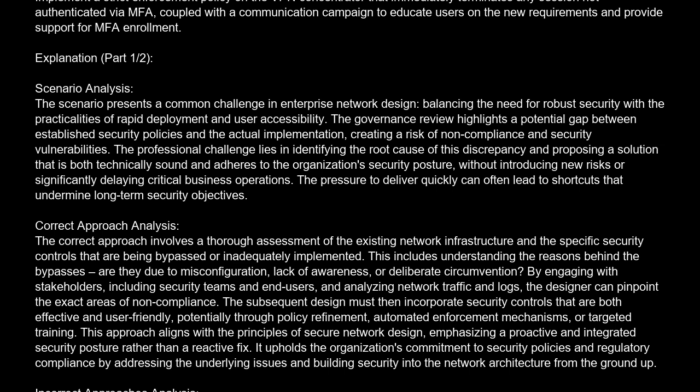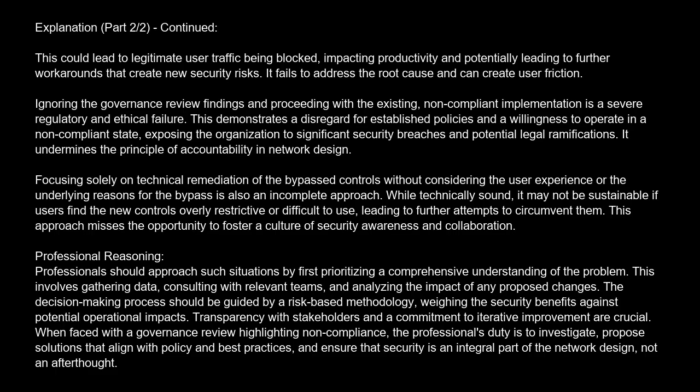Incorrect approaches analysis. Implementing a blanket security policy enforcement without understanding the context of the bypasses is an incorrect approach. This could lead to legitimate user traffic being blocked, impacting productivity, and potentially leading to further workarounds that create new security risks. It fails to address the root cause and can create user friction.